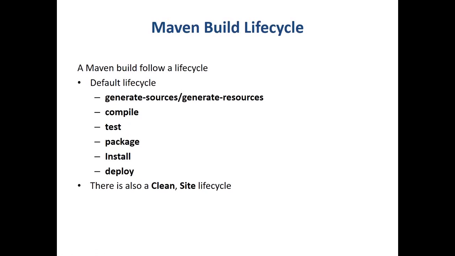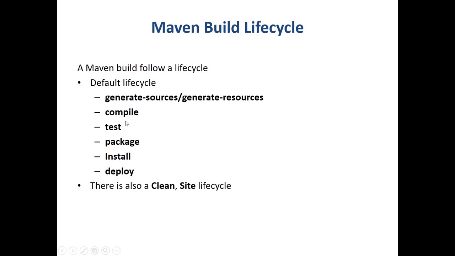Then it will start from the beginning, first generating the sources and resources, then doing the compilation, then the test, then creating the package, and it stops only at what you have specified to Maven to run. So if you have told Maven to do only package, then from the beginning it will do all the steps as part of the default cycle, and then stop there.